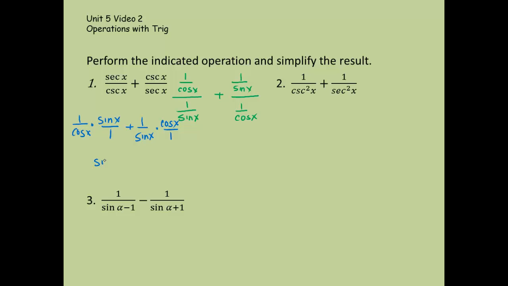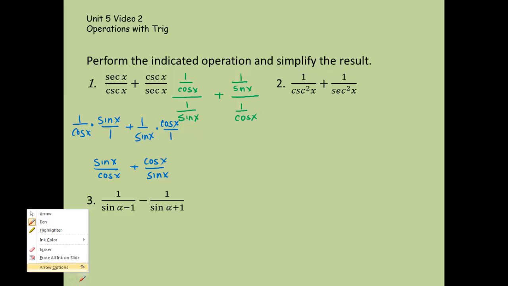Putting those together, I get the sine of x over the cosine of x plus the cosine of x over the sine of x. But I still need to simplify this because I don't have common denominators. So my common denominator will be sine of x times cosine of x.